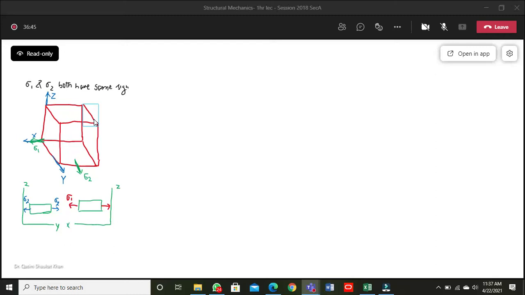Then I have the third case, x and y. So this is the y-axis, this is the x-axis.